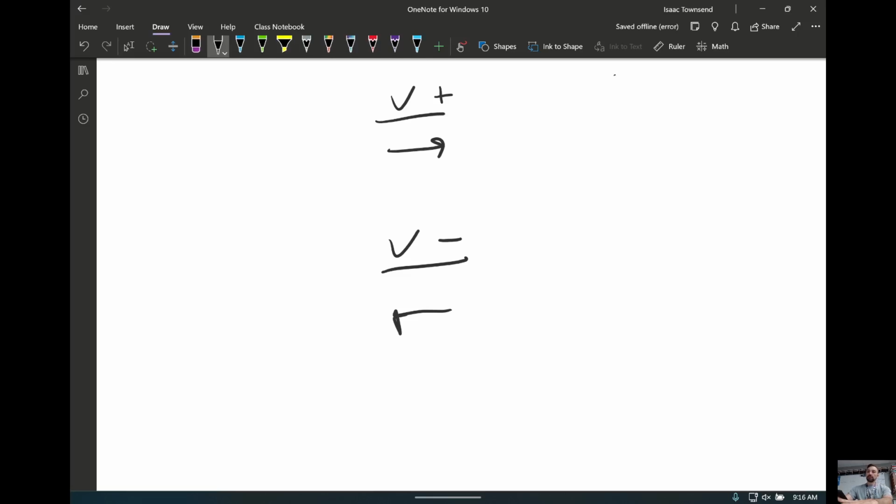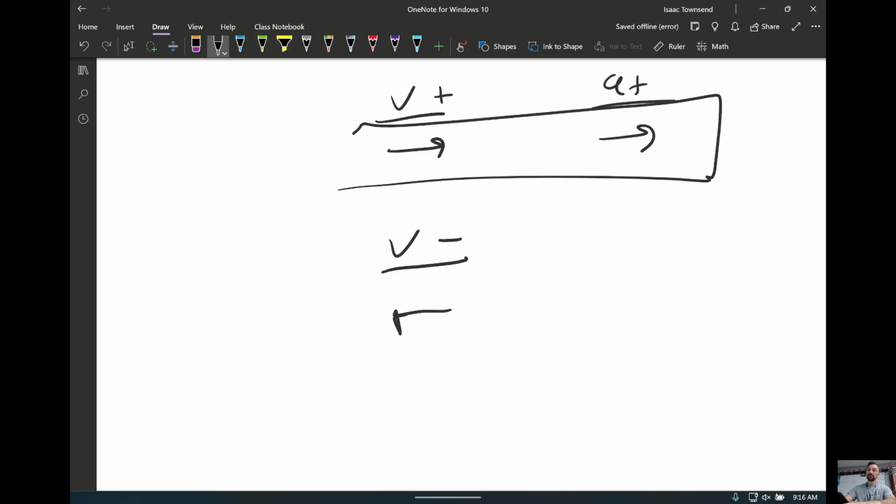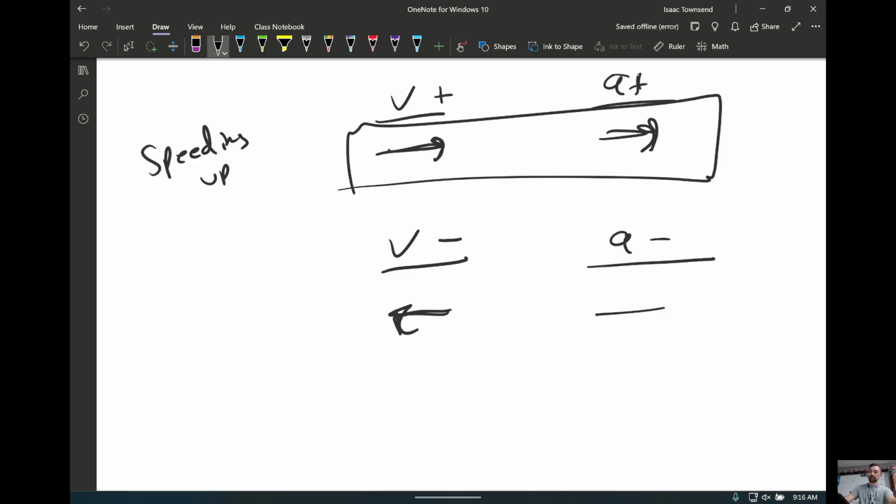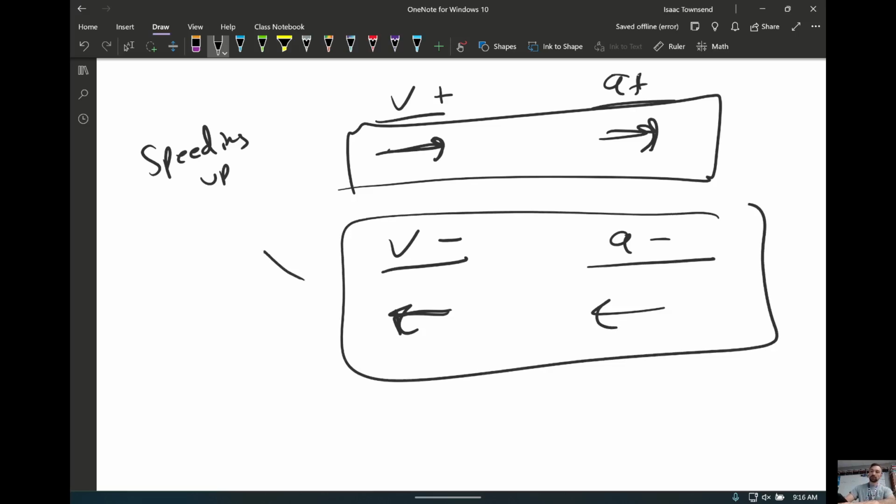And then when acceleration is positive, it means it's speeding up to the right. So when they're both positive, we can say that the particle is speeding up, because you're moving to the right and you're moving to the right quicker. But sometimes if you're moving to the left and your acceleration is negative, then you're moving to the left quicker. This is also speeding up.